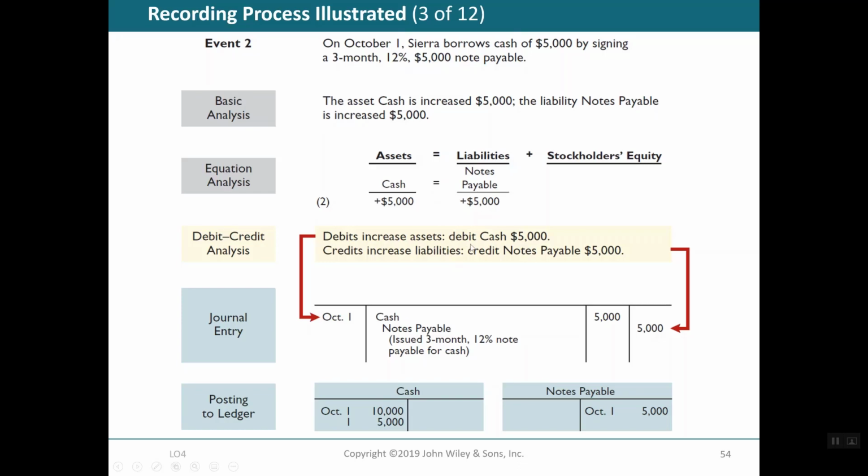An increase in assets is debit. An increase in liability is credit. So cash is debited 5,000. Our notes payable, which is a liability, is credited 5,000. Now that we have this analysis, we can easily post to the account. So again, October 1, we have 5,000 under the same cash account, and notes payable, 5,000.